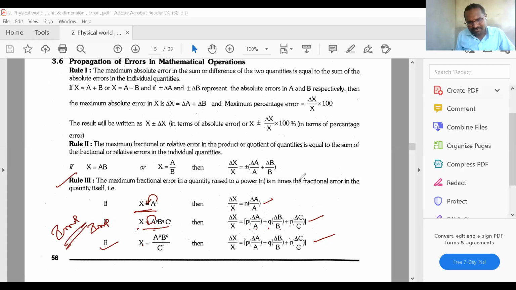Now on this topic let us solve problems. Very important. This is our main objective. Okay, clear? So let us take some examples on this.